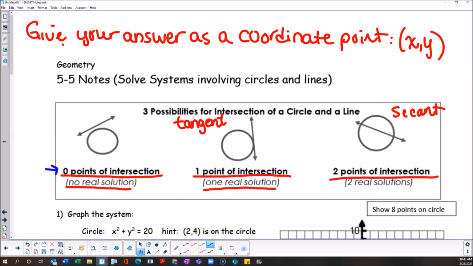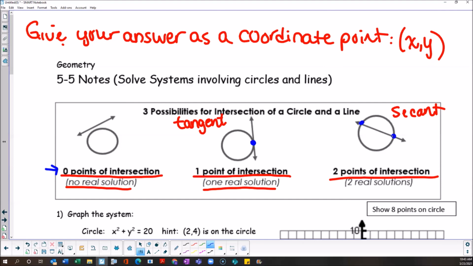Most of the time, on the problems that you'll see, we will have a solution, and the line will either touch the circle at exactly one point, where it's tangent, so you would end up with one solution, one point where it works for both the line and the circle, they share the same point, or you get 2 points when you have a secant, where a line crosses through a circle and intersects that circle in 2 different places.